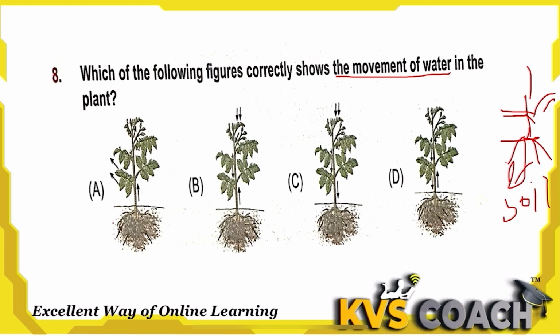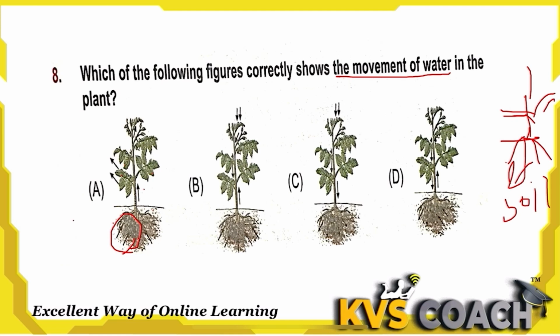Here in option A, you can see the arrows. It means water is absorbed by the root from the soil and transferred to the stem. And the stem is transferring the water to the leaves, and from the leaves, by the process of evaporation, it goes out. Water is transpiring.